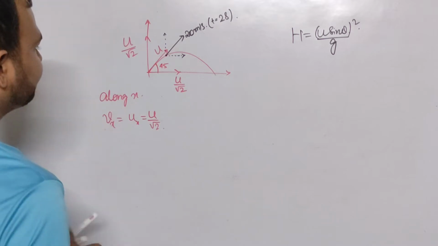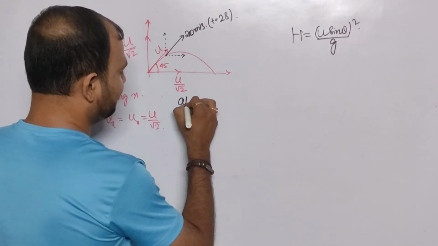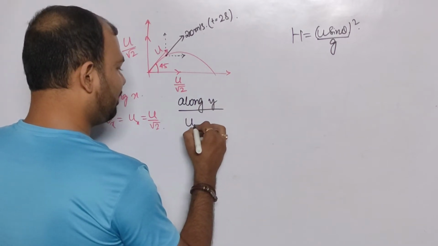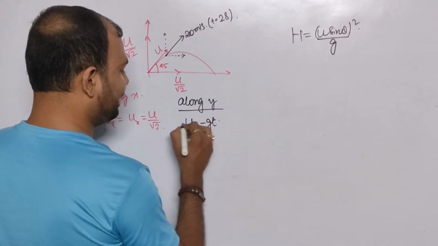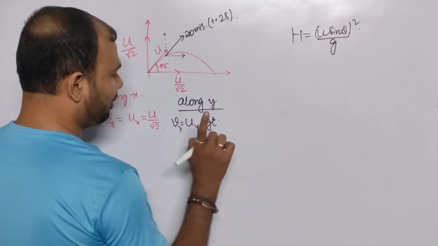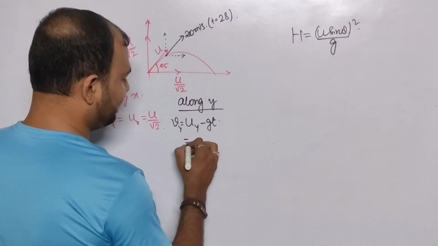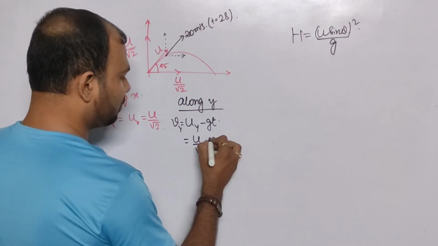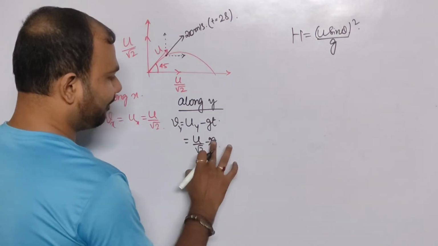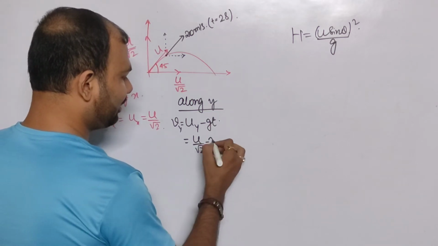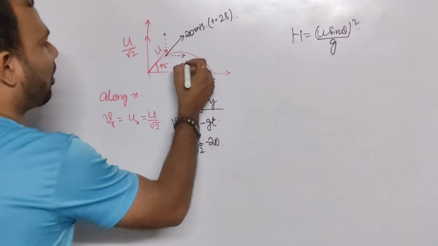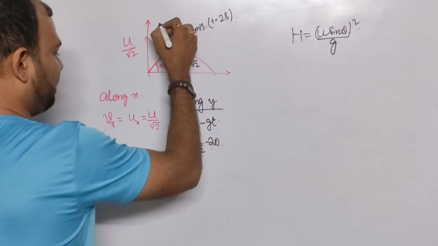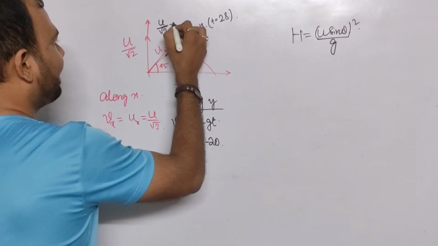Along y-axis, vy equal to uy minus gt. It is the final velocity. U by root 2 minus gt, t is 2 seconds, so 2g or 20, we can consider this as 20. That means the horizontal component is u by root 2 and the vertical component is u by root 2 minus 20.